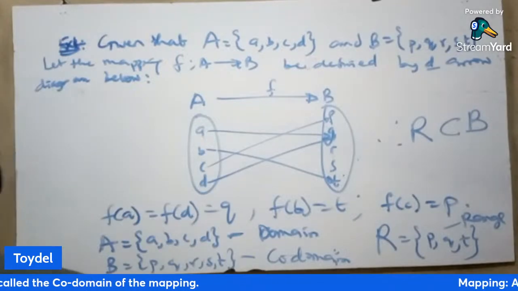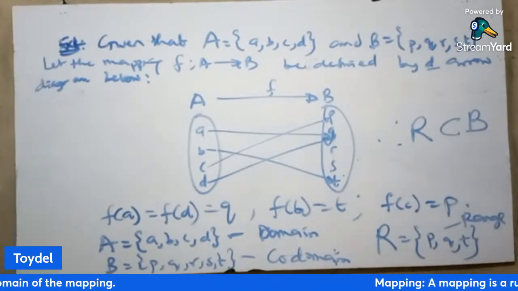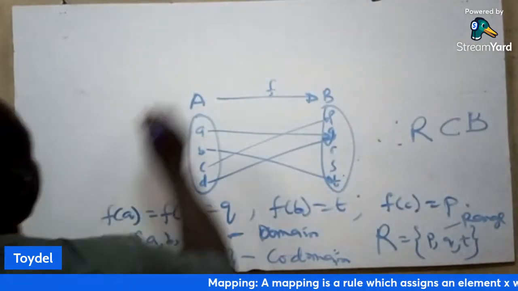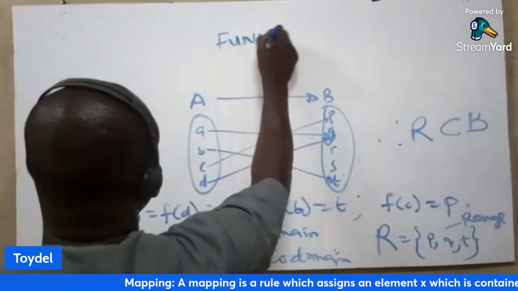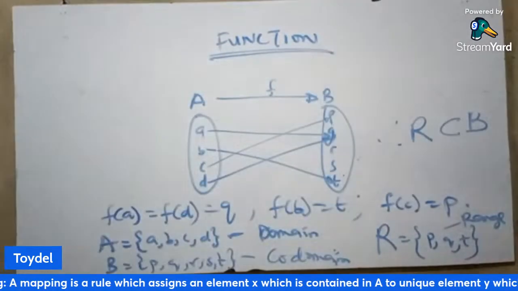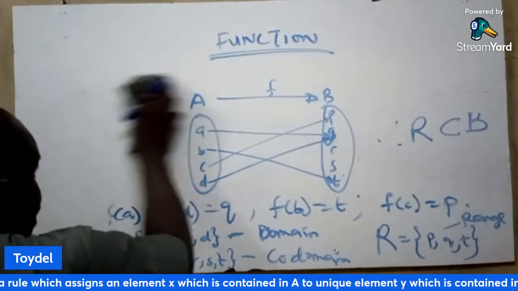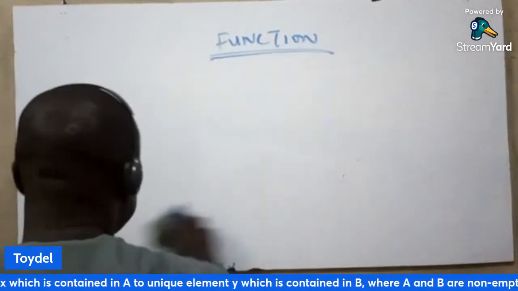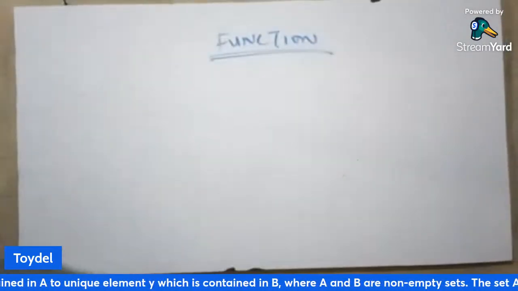So let's note that. And there's this other concept that I want to talk about. It is called a function. So a mapping is also a function, but we are going to see the slight difference now. A mapping is also a function when digits are involved.